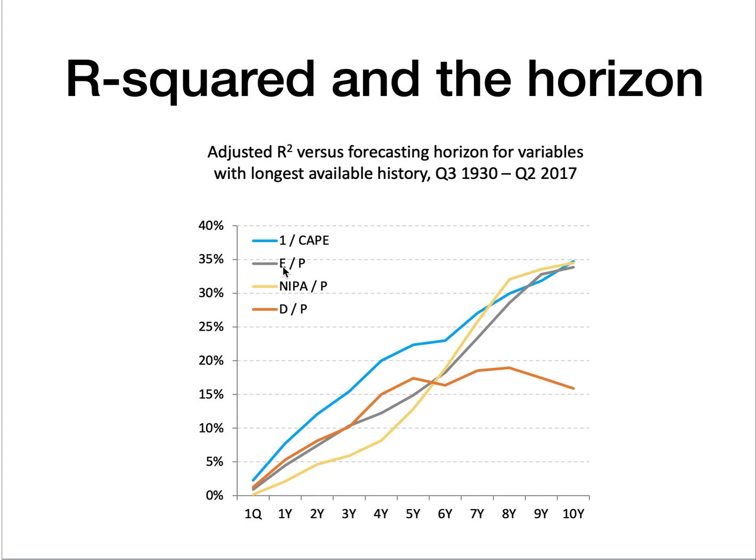Then we could just have earnings over the value of the market. We can have GDP over the value of the market, and we could have dividends over the value of the market, and we could run regressions using these indicators at time t to forecast returns 1 quarter ahead, 1 year ahead, 2, 3, 4, up to 10 years ahead.